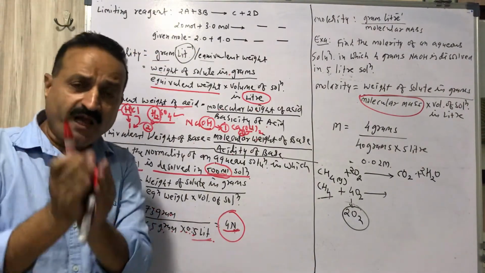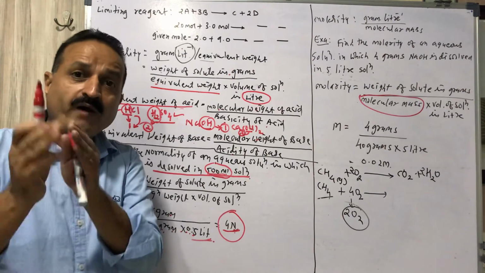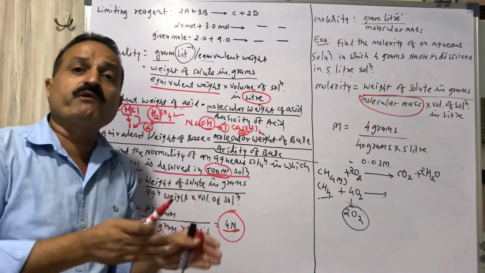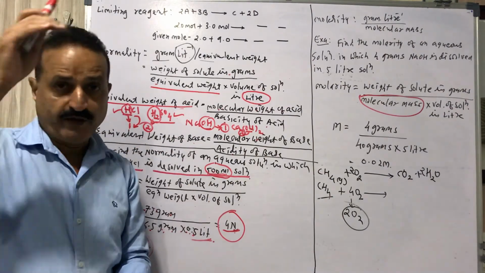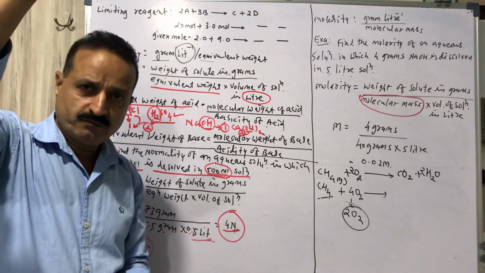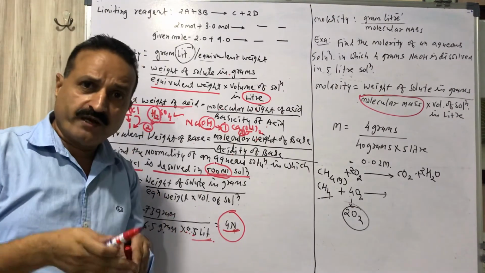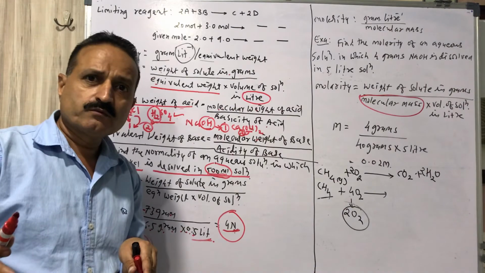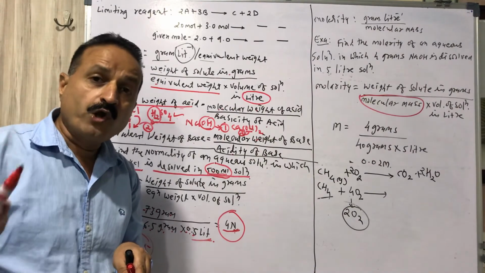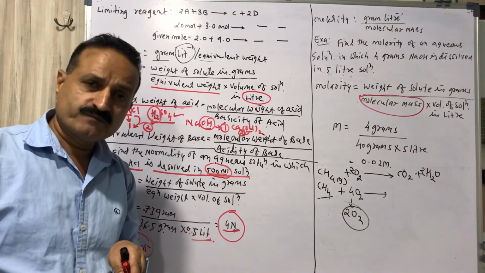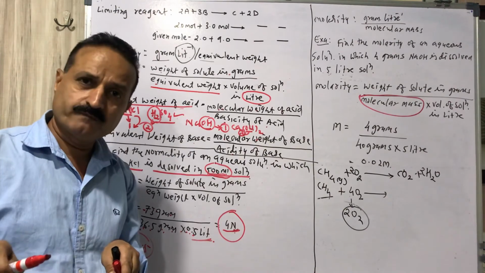So molarity has molecular mass, while normality has equivalent weight. Weight of solute in grams upon equivalent weight into volume of solution in liters, that is the formula of normality.